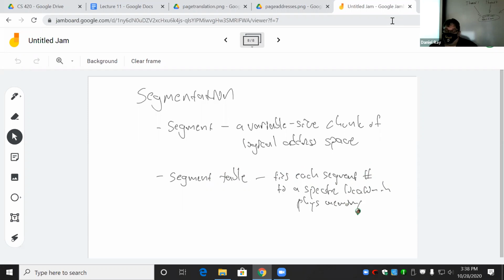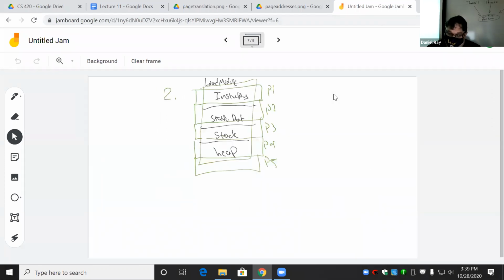In this approach, gone are the notion of fixed size pages and page frames. Instead, we're going to divide up our load modules, our logical address spaces, into variable size chunks. Why did we do that? Because we can make a segment for instructions.